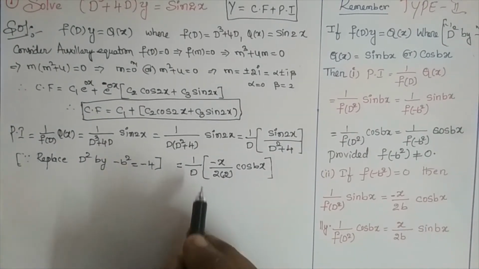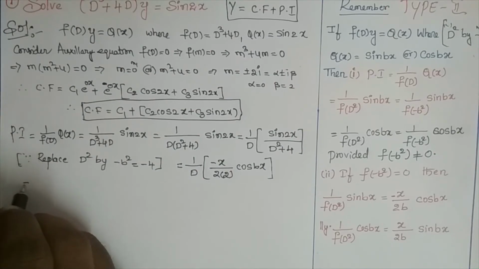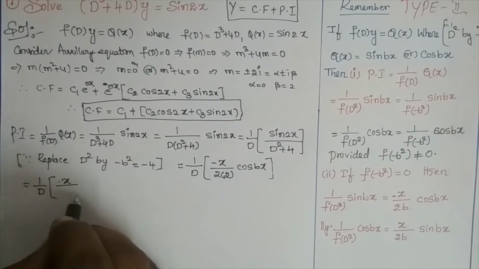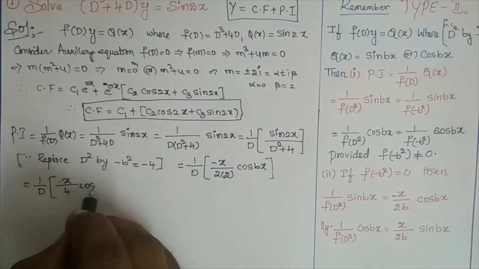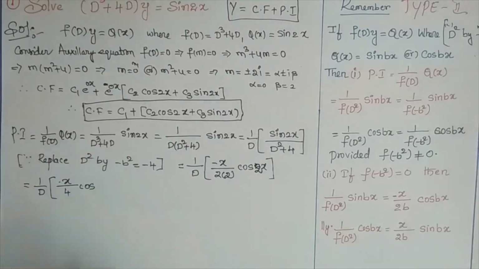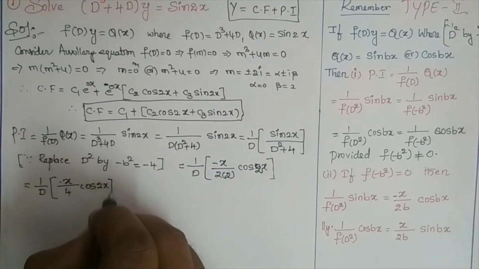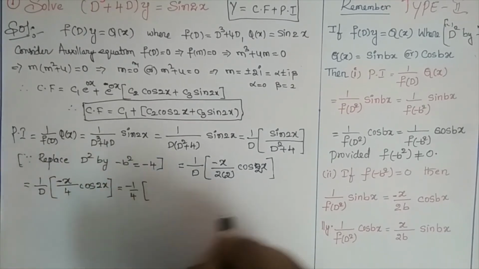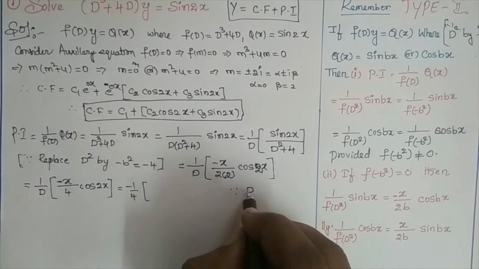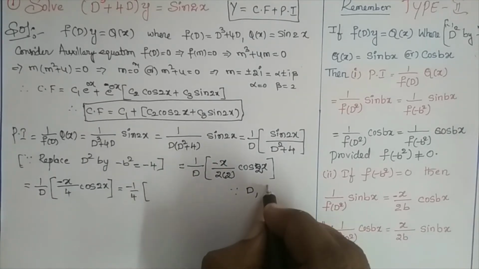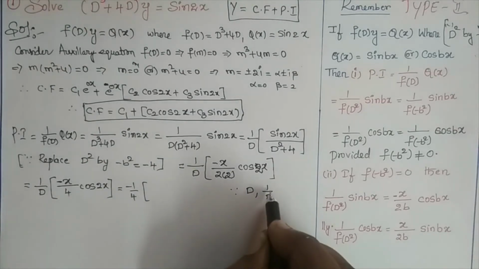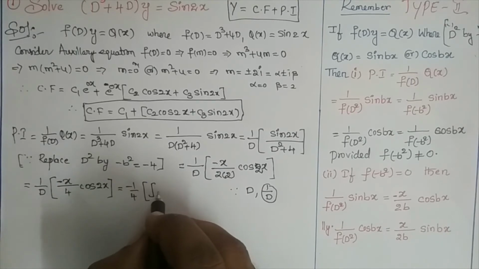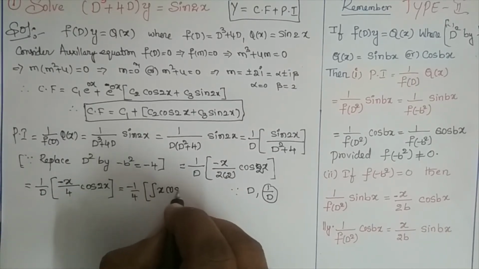Again we have to eliminate 1 by D. The simplified one is minus 1 by 4 times 1 by D of x cos 2x. We should remember two things: D is nothing but differentiation, 1 by D is nothing but integration. It can be written as the integral of x into cos 2x dx.